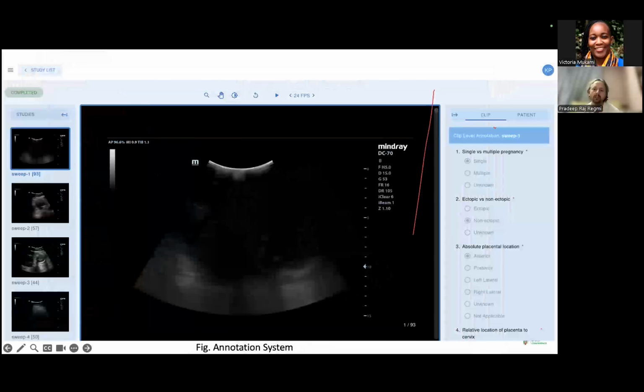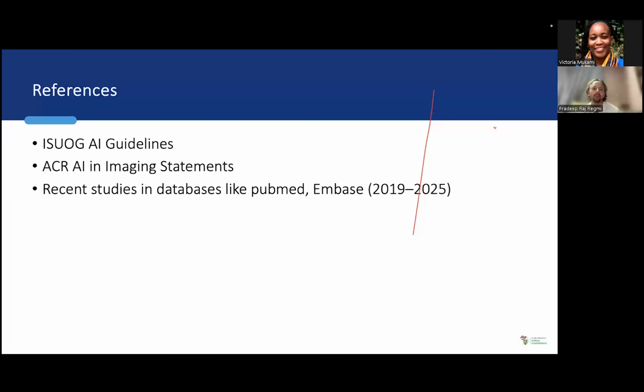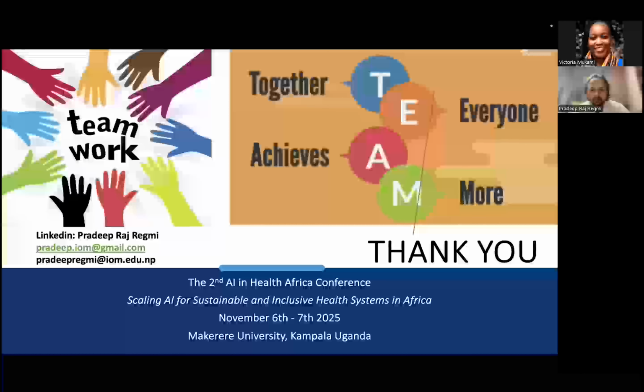So this is what we are doing to create some impact for the LMICs, to decrease fetal and maternal mortality. So these are my references for this presentation. So thank you. Hope it is helpful.